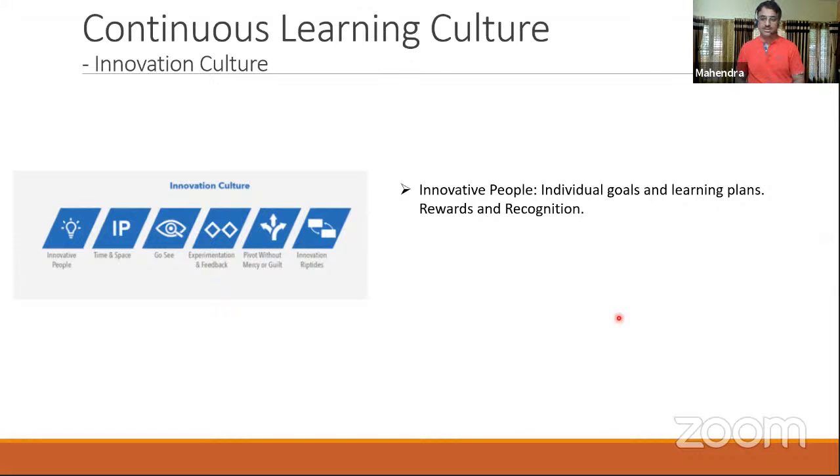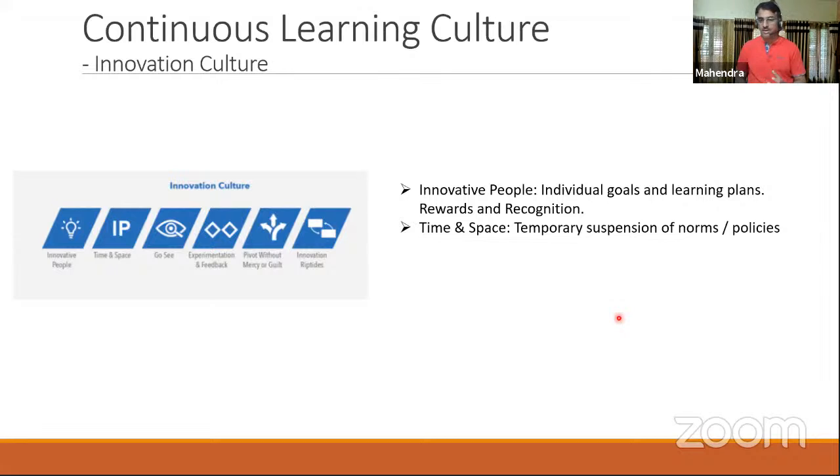It doesn't suffice. It is just clerical work that my calendar is blocked for 1 hour, so we'll have to have that culture of learning. And the rewards and recognition also have to be framed in such a way that people start innovating.